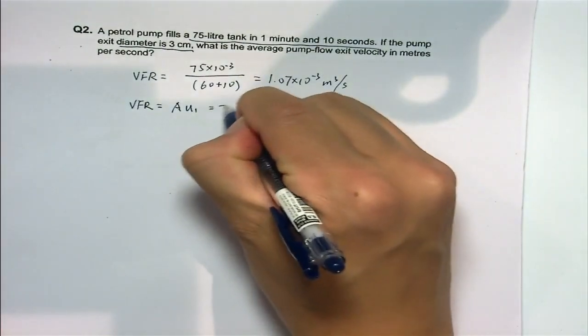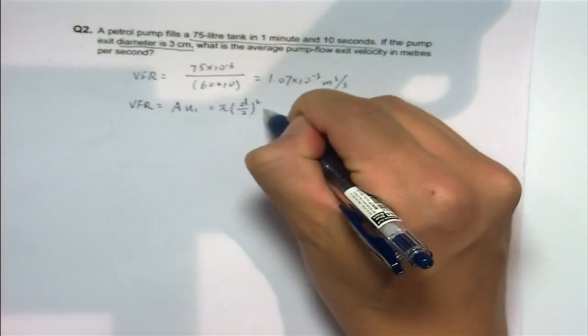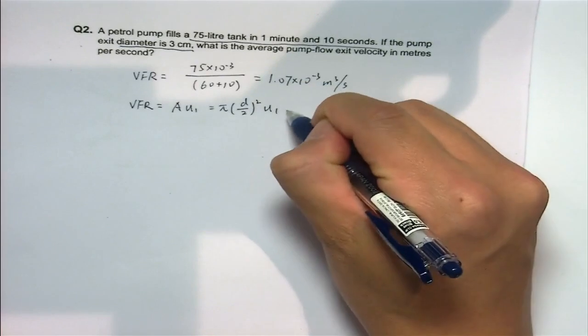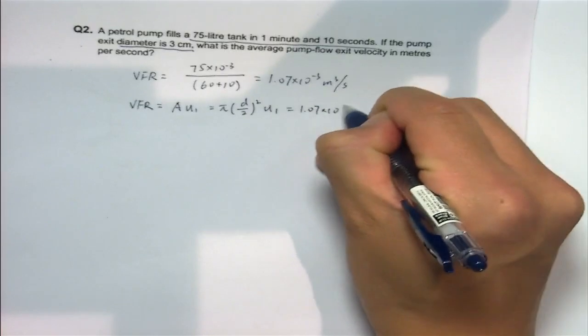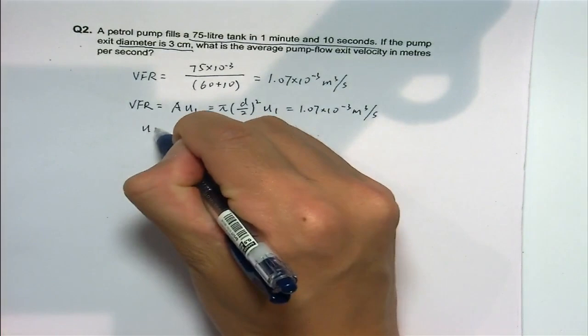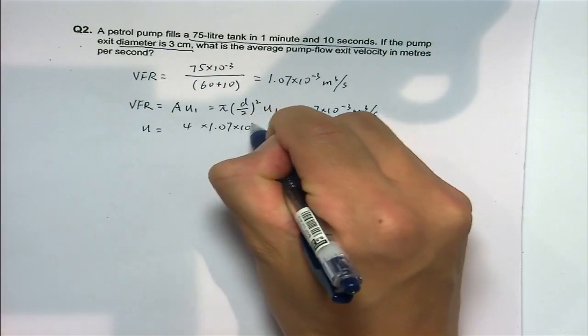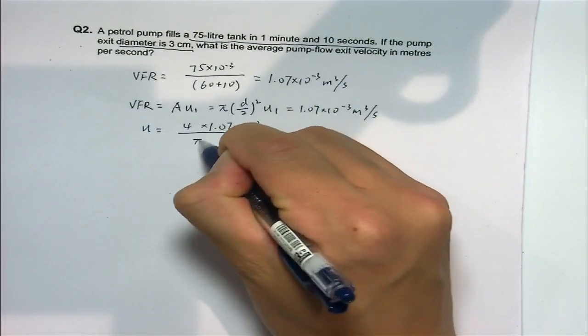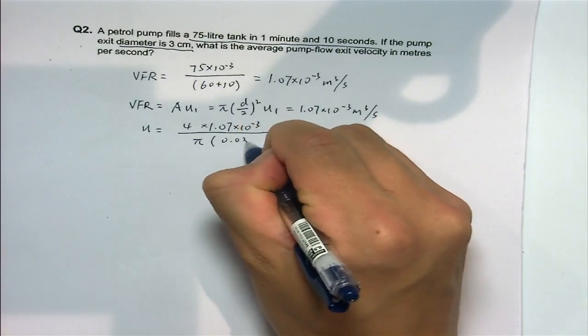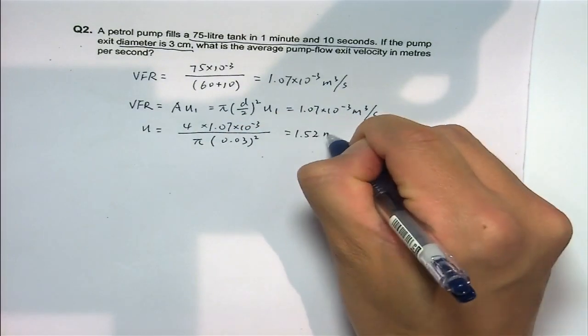So which is pi d squared over 4 times U1. Because we know the diameter is 3 centimeters, we can get U1, which is 1.452 meter per second.